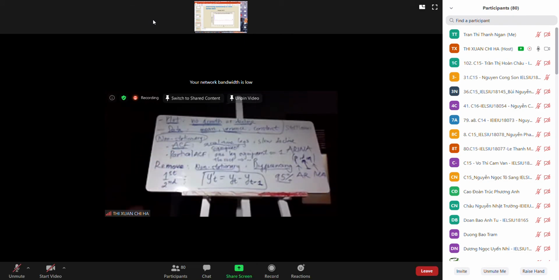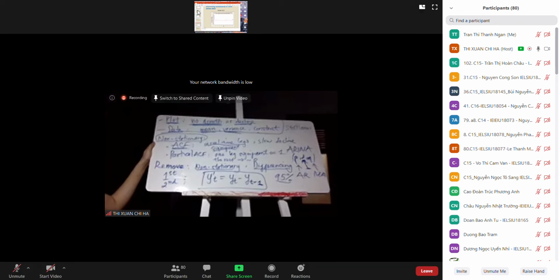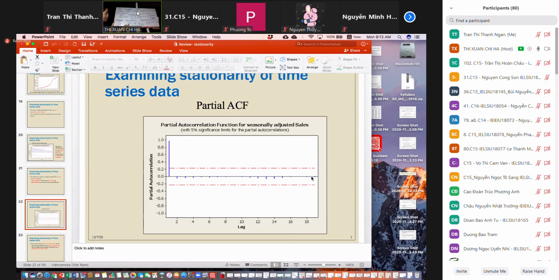So if your data is non-stationary, you must remove it. So how can we remove that? To remove non-stationarity, we take the difference. The difference here is the difference between y_t and y_(t-1).